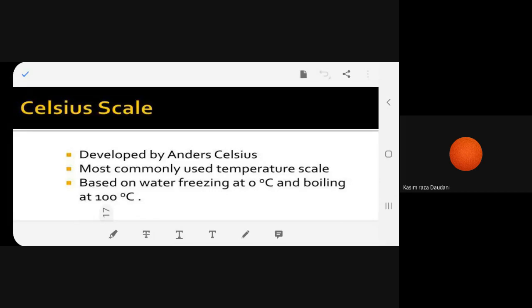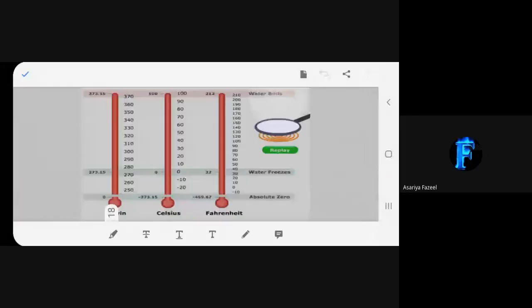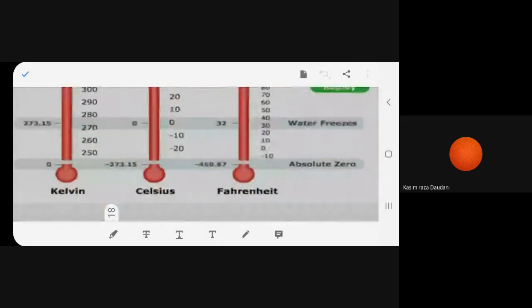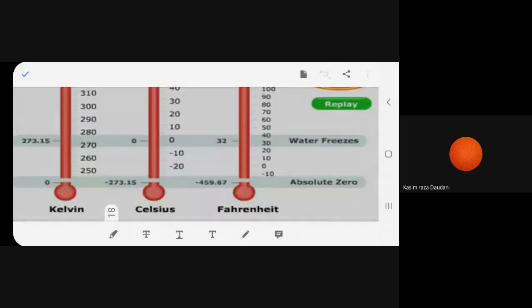Any problem, beta? Have you understood all types of scales? Who is saying no, miss? What's your name?